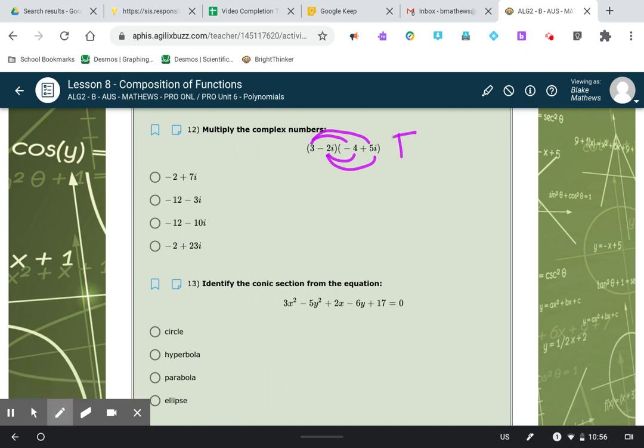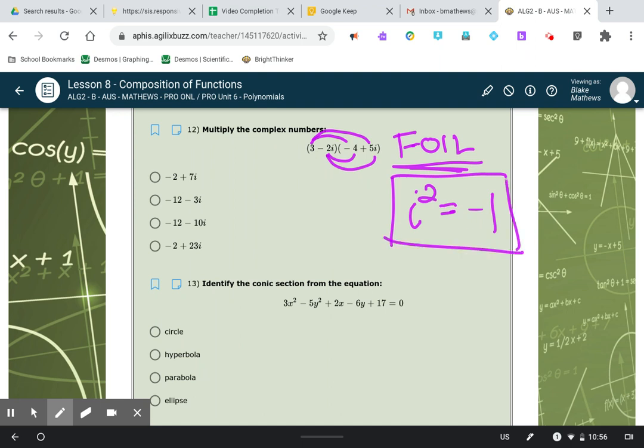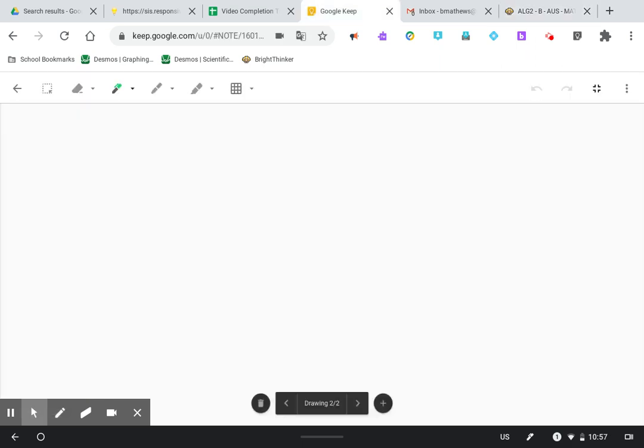So you do first, outside, inside, last. You need to do that for sure. And treat the i's the way you would an x. And then at the end, anywhere you have i squared, you need to replace it with a -1. That's the key.